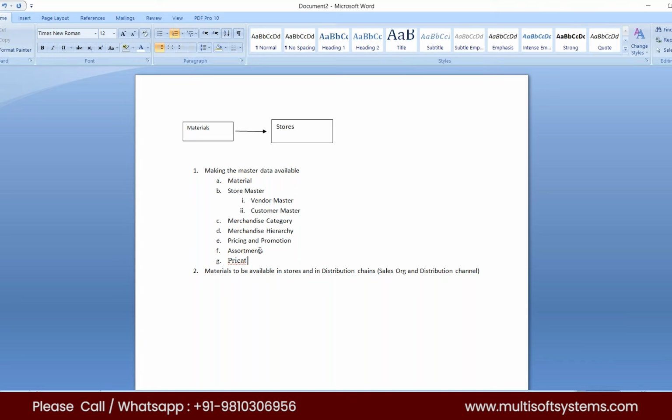Sometimes we also have seasons being created as master data, but these are the major ones which we should be aware of. So as IS Retail consultants, what we will have to know is how the materials are getting created, how we are going to create the material, and how the setups and configurations are to be done in the system for the materials. That is the first part.